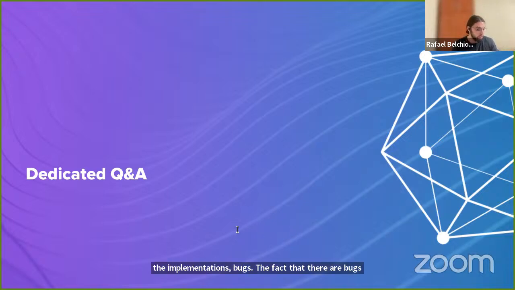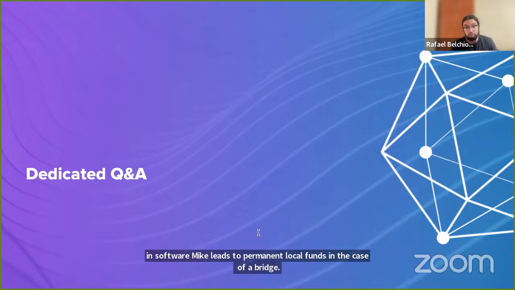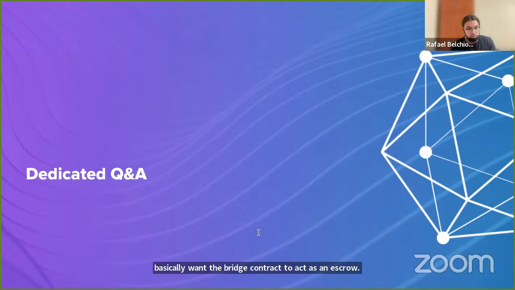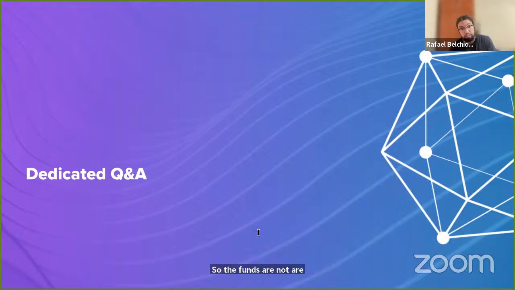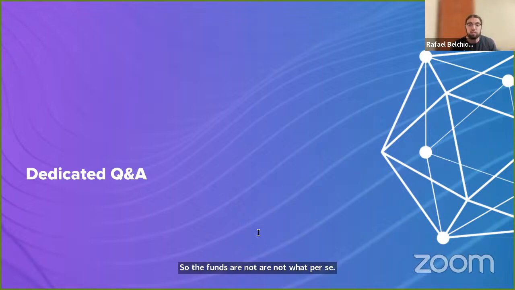In the case of a bridge, we basically want the bridge contract to act as an escrow. So you send funds to that smart contract and the bridge keeps the funds. The funds are not locked per se, they're held in the bridge account. That's what we define as a lock.